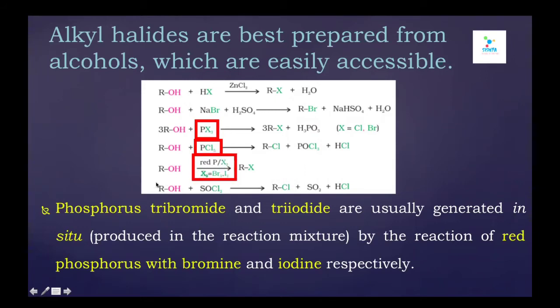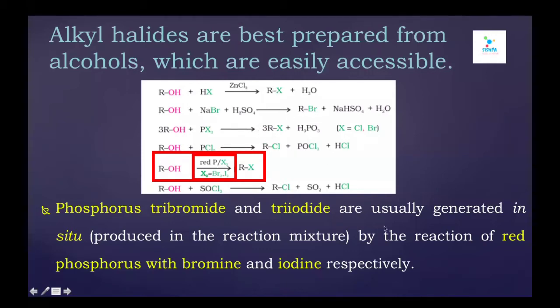Commonly, phosphorus tribromide and triiodide are not easily available, and hence the bromide and iodide are prepared by the last one, that is ROH with red phosphorus and halogen. This is most suitable for preparing bromides and iodides because the reagent is formed within the reaction itself.